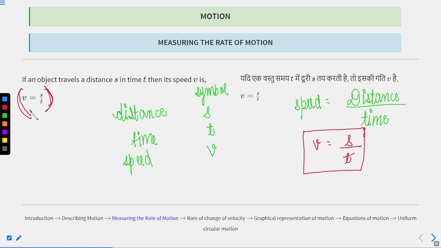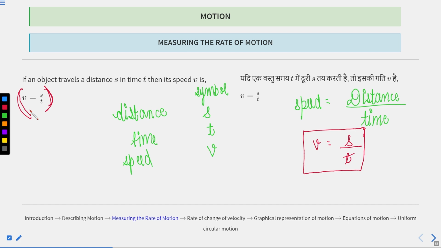After studying uniform and non-uniform motion, we came to know about a new term known as speed. And what is speed? Speed is simply distance divided by time taken, or the rate of distance. It helps us measure which object is moving fast and which is moving slow.